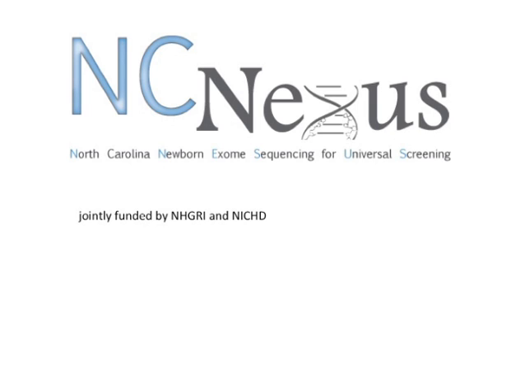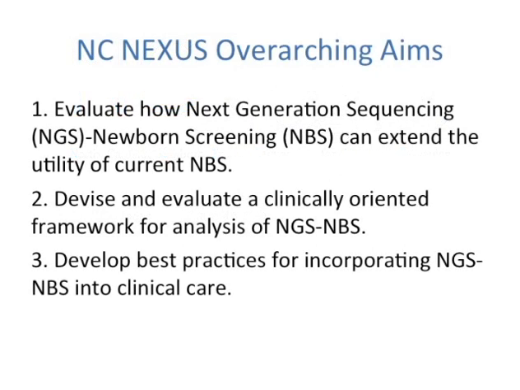Our whole exome sequencing for newborn screening project is called NC NEXUS and is funded by NHGRI and NICHD. And our overarching aim is to evaluate whether next generation sequencing can extend the utility of newborn screening, to devise a clinically oriented framework for analysis of next gen sequencing newborn screening, and to develop best practices for trying to incorporate it into clinical care.